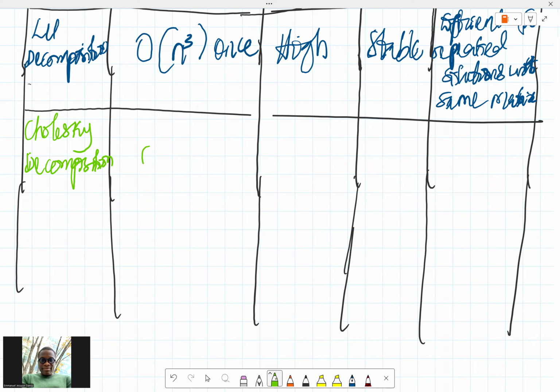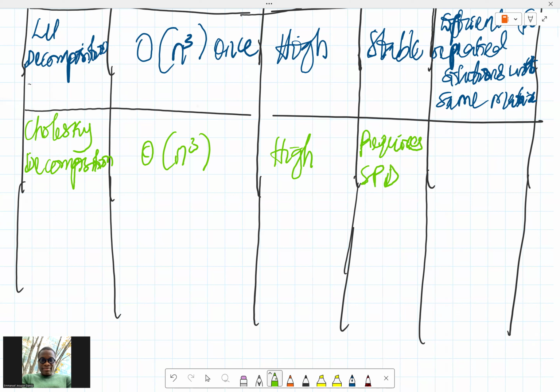Now it also goes O(n cubed), I believe because of the 3 by 3 system, most likely. Then the accuracy is high. The stability requires the matrix to be symmetric positive definite.